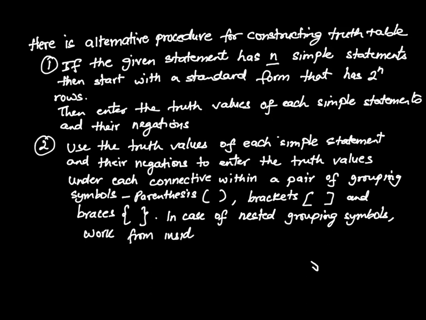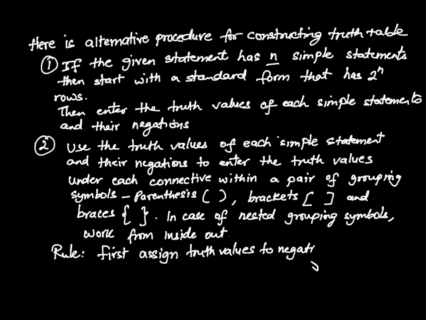If they're nested, then we always go inside out. So it always goes from left to right, truth value.